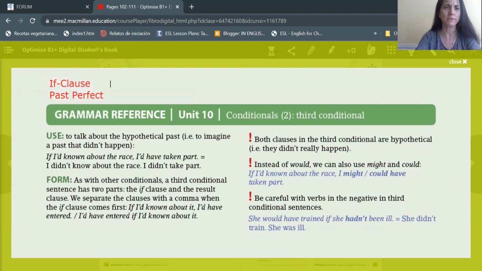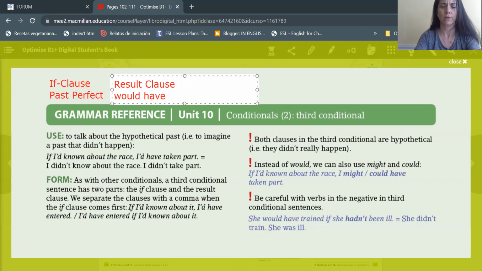And now in the result clause, what we're going to use is would have plus a past participle. Okay? So this structure of conditional is to refer to a hypothetical past situation, but it didn't happen.